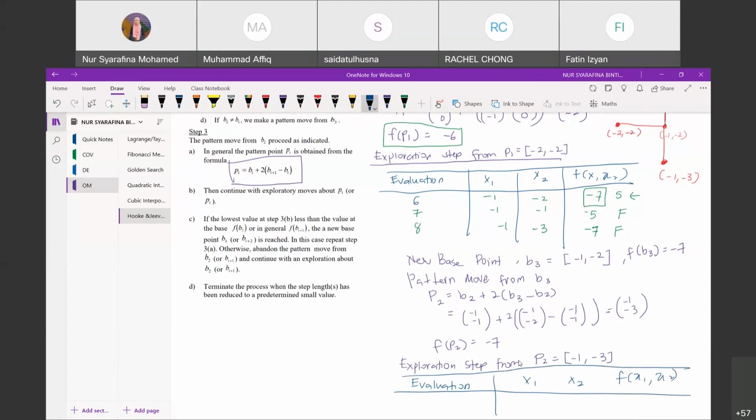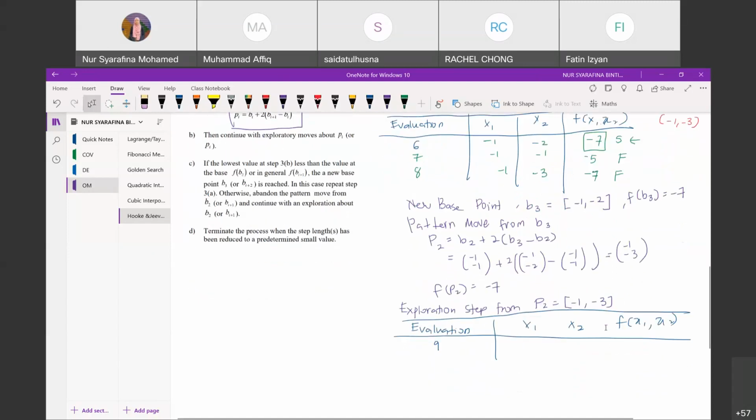So the next evaluation is 9x. Okay, so this is our point, -1, -3. Okay. So to the right, what is our new point?